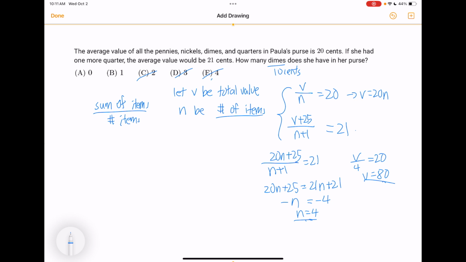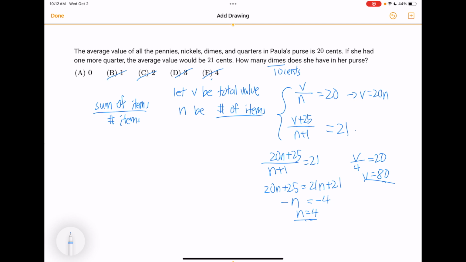So we can eliminate 2, and then when she has 1 dime, that means she has 10 cents. You can take 80 minus 10 cents, which is 70 cents. Would there be a way to choose 3 coins whose sum would be 70 cents? That would also be impossible.